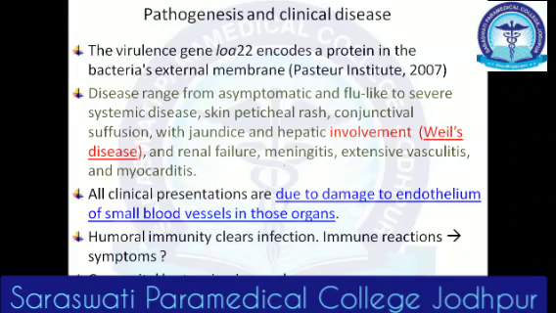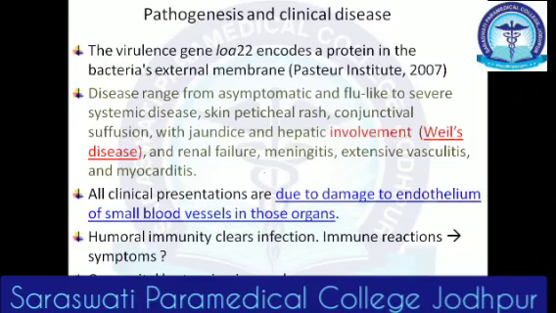Now look at the pathogenesis and clinical diseases. The virulence they possess is dangerous, as they cause severe infections. At first, the infection is flu-like or a severe systemic disease.